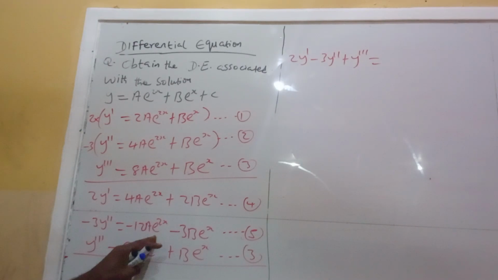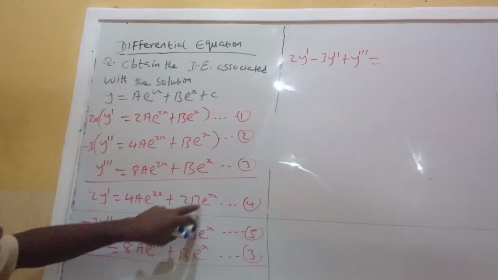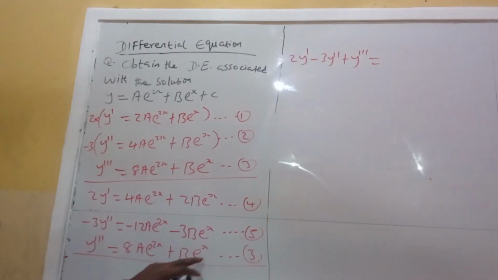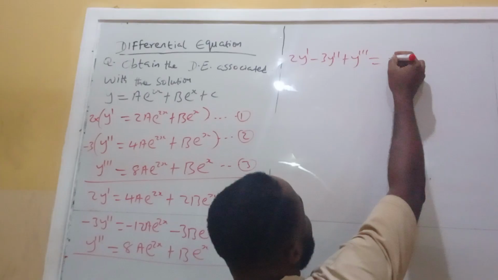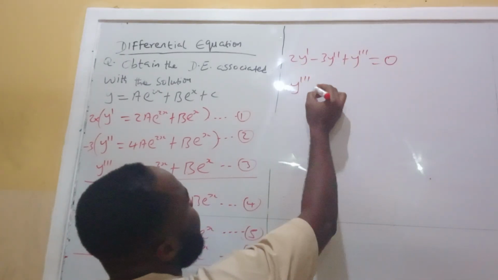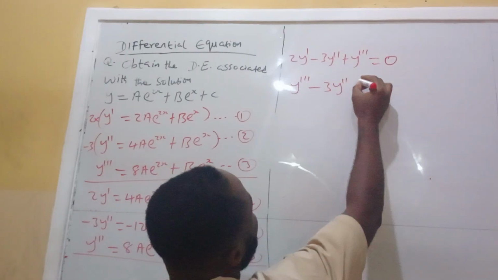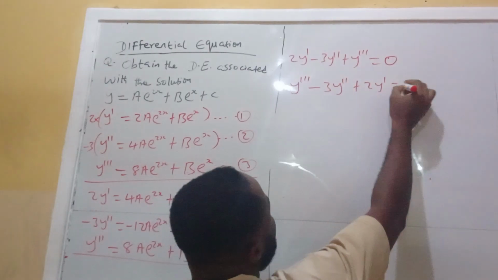So 12 take away 12A exponential 2x is 0. Again, 2B exponential x plus B exponential x is 3B exponential x, take away 3B exponential x is gone. So our right hand side is 0. Now rearranging this, we're going to have y prime prime prime, take away 3y prime prime, plus 2y prime is equal to 0.